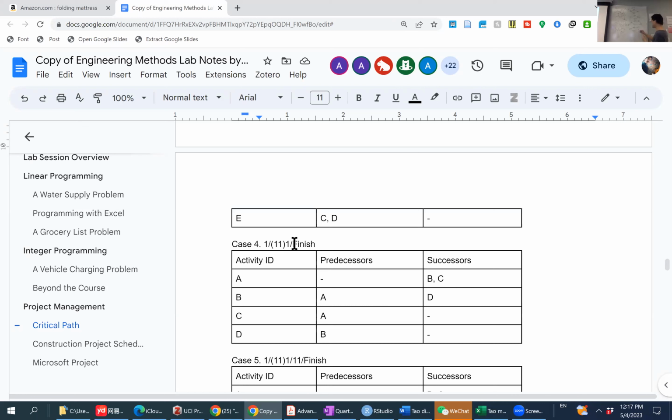That's why we need to construct a dummy node, calling it a finishing point, so that in this case, both C and D point to the finishing node. Any question here?